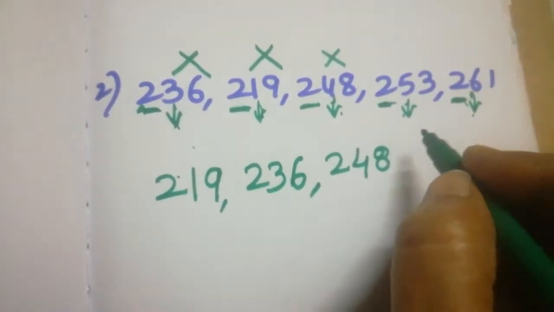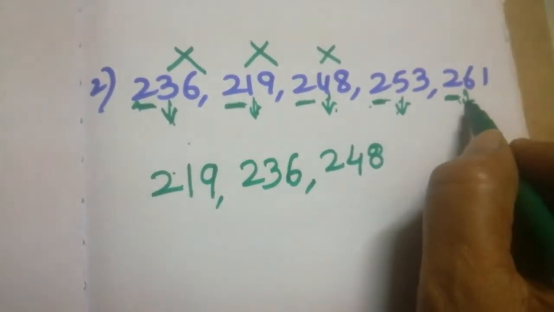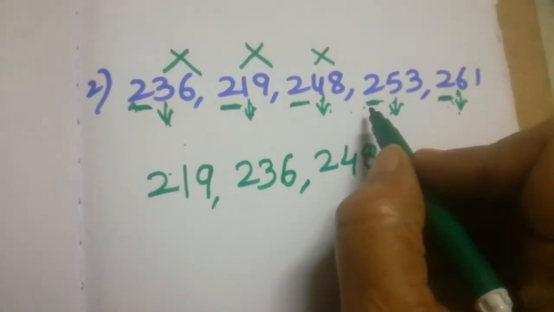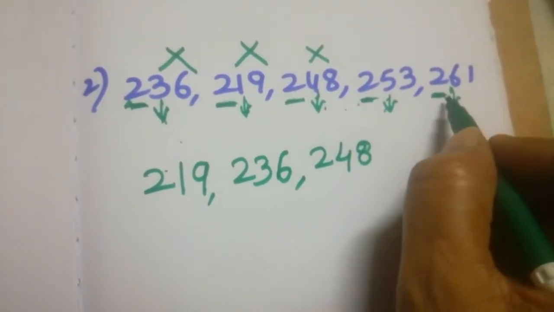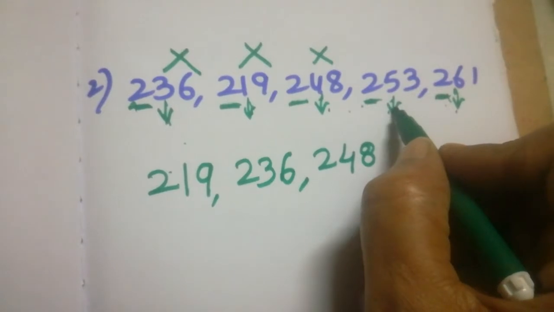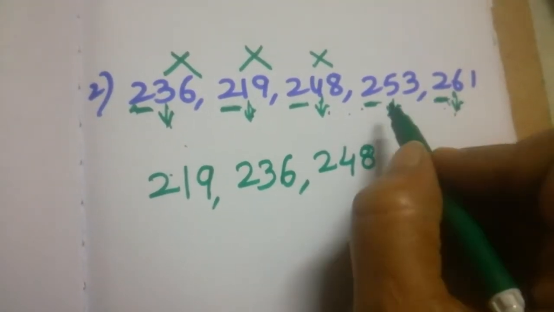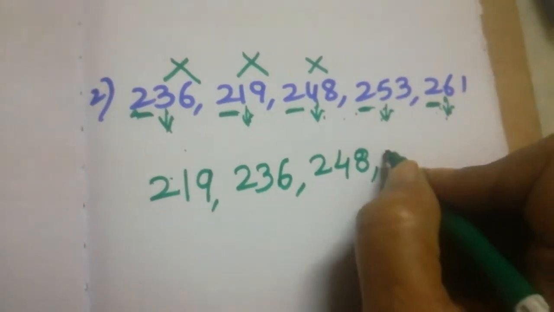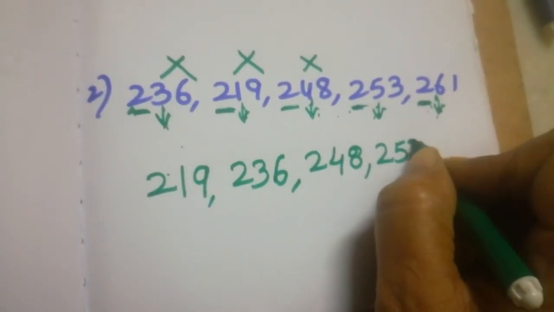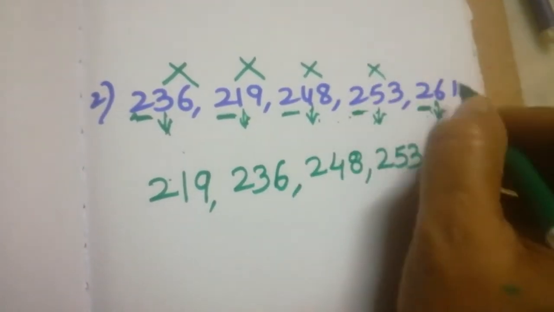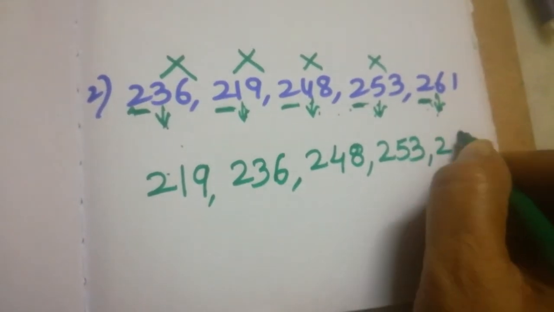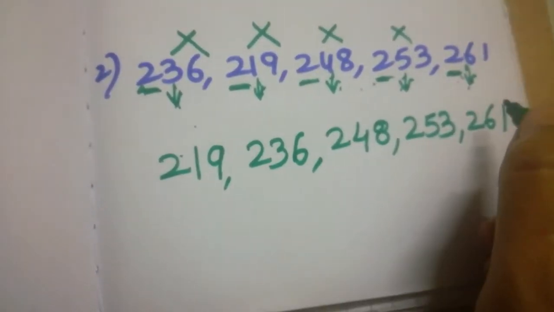Now put a cross on this. Now just you have to compare the other 2 numbers. If you compare the other 2 numbers, we have 5 here in the tens place and 6 here in the tens place. So which is smaller? 5. So the next number is 253. Now the last number we are left with is 261.